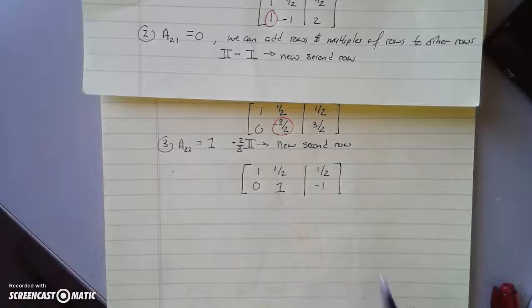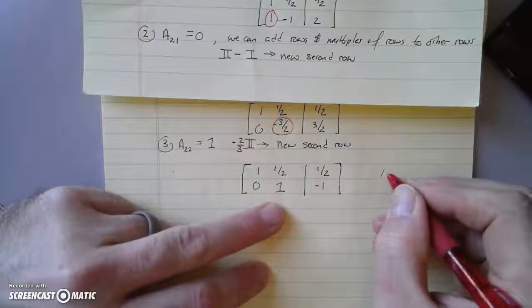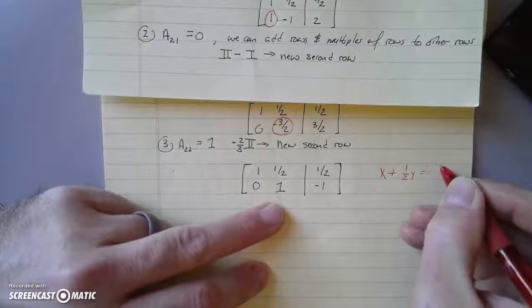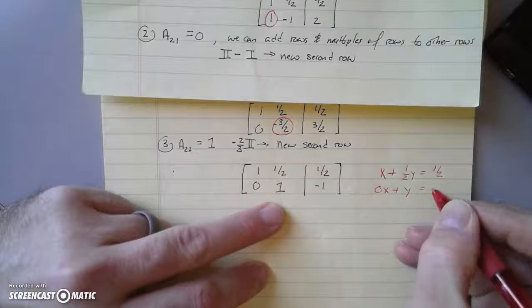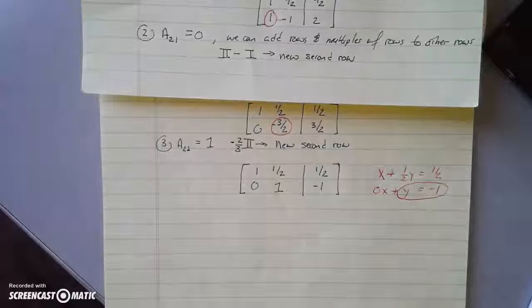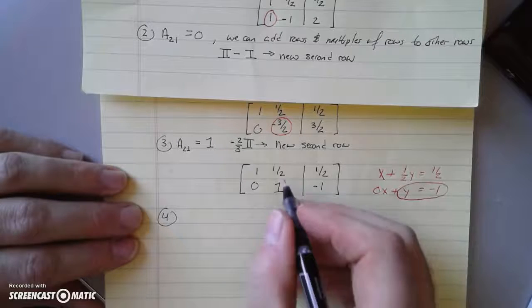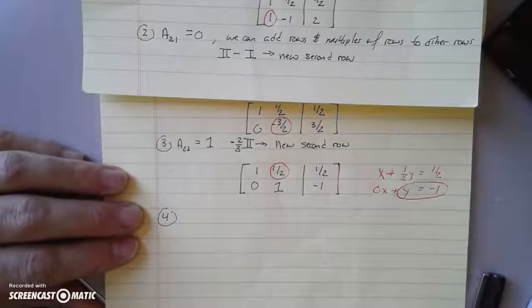Now technically at this point, we have solved part of the problem. We have x plus half of y equals half, and we have 0x plus y equals minus 1. So we do have part of the answers. But we're going to continue with this process. Our last step is to change this into a 0.